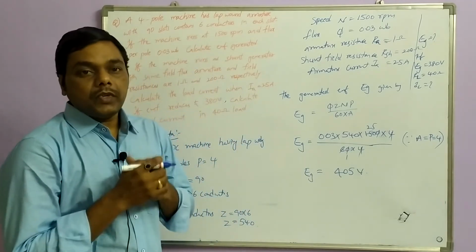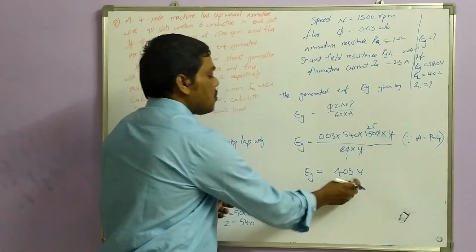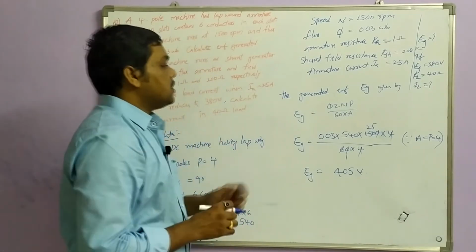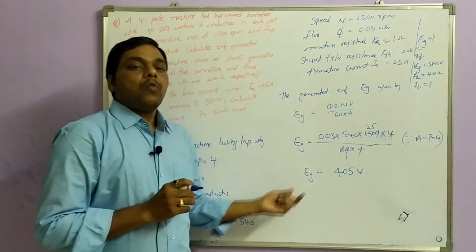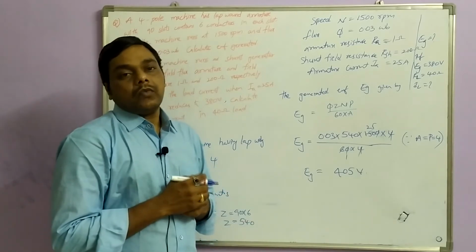Now if EG is equal to 405 volts, the terminal voltage of the generator is determined using the voltage and generated EMF relation.